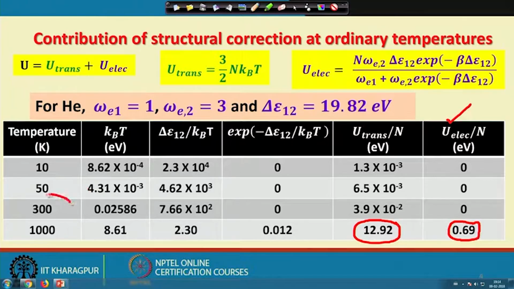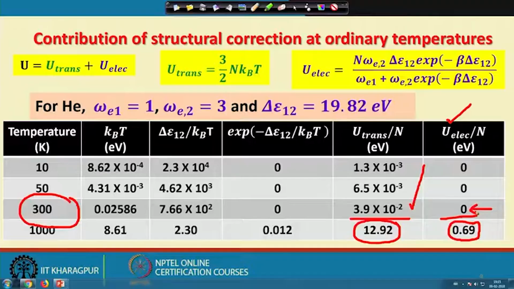Therefore, if I am looking at the behavior of particles at say 300 Kelvin, what I find is the total internal energy of the system is dominated by the translational energy of the structureless particle, and the relative contribution of the underlying electronic structure is very, very small.